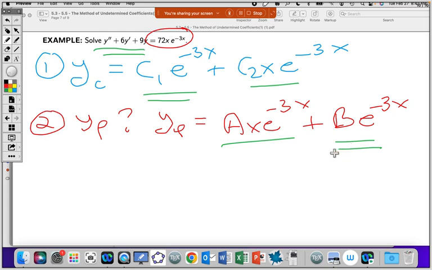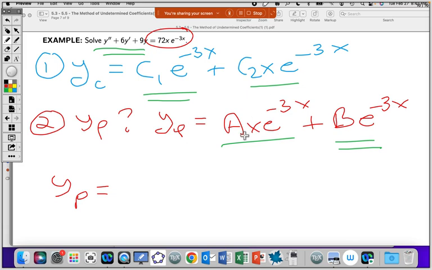So if you took this yp and plugged it in there, everything would cancel out, and you would just be left with 0 equals 72 e to the minus 3x. That'll tell you something is wrong. Okay? So once again, how do we eliminate the duplication? We want something that's linearly independent from what I've got down there, but close enough to plug into the differential equation. So what do I start slapping on?